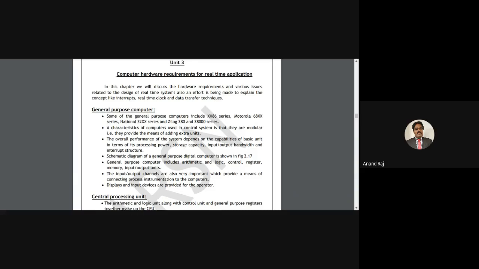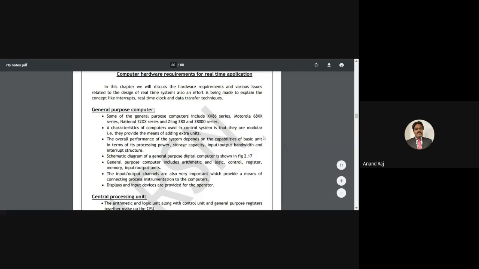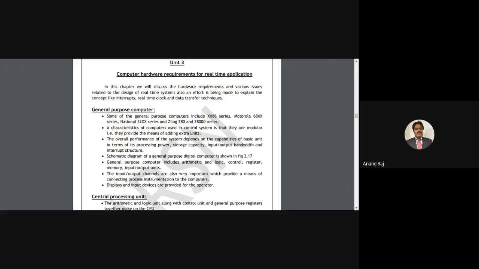The overall performance of the system depends on the capabilities of the basic unit in terms of its processing power, storage capacity, input-output bandwidth, and interrupt structure. How well your processor can process is usually measured in Dhrystones.